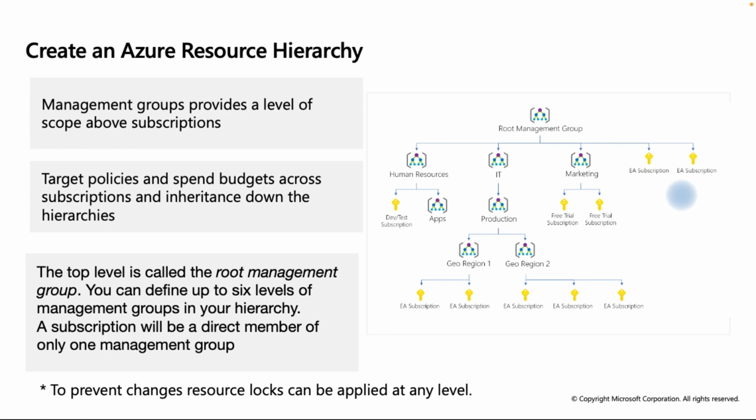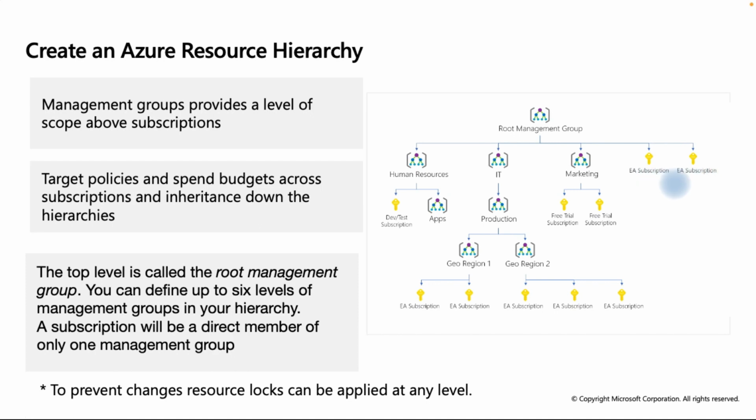The first management group is the Azure tenant level root management group, which is created by default, and it is the top parent group. All subsequent management groups will fall under the root group as child management groups.